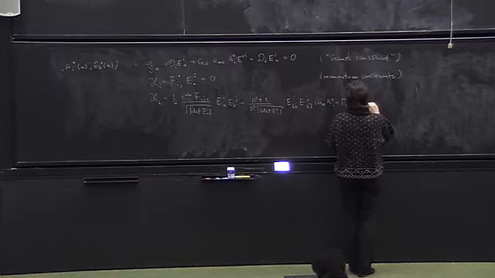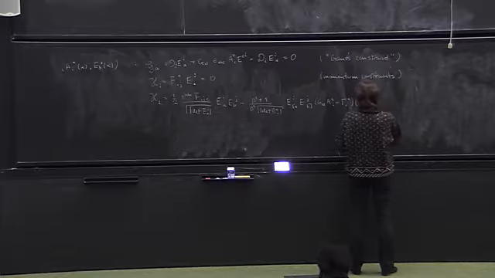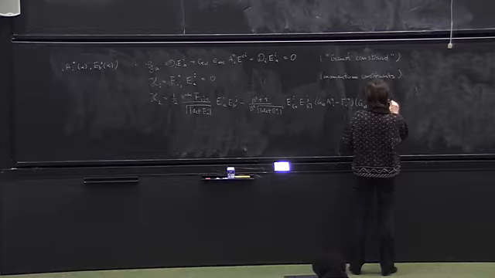And the second term looks very similar, (G N A_j^b minus gamma_j^b).